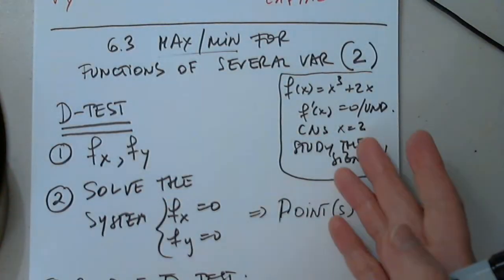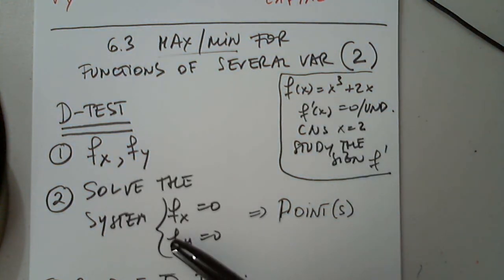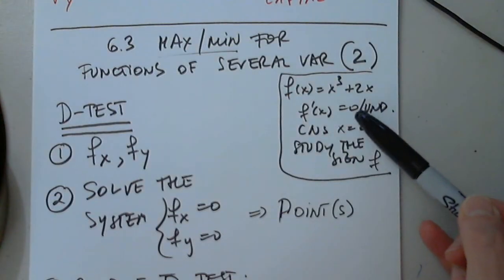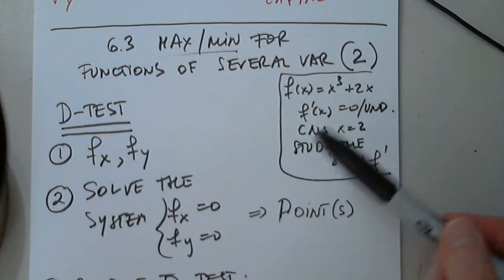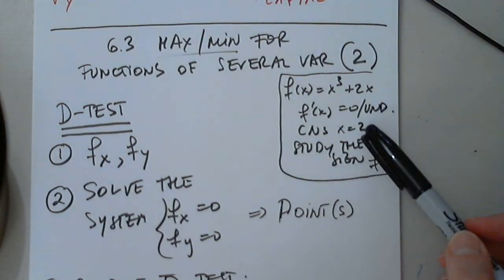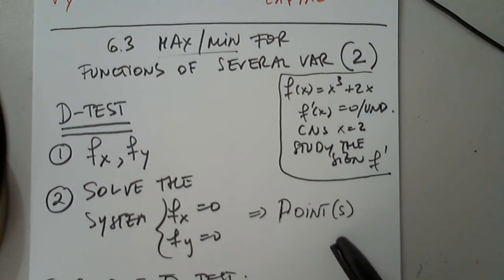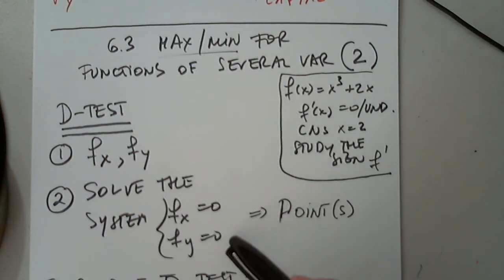So by comparison, I have to find fx, fy. I have to create a system with these two. Again, set them equal to 0 like before, but we have 2. Here we get just one or several x values, but here we get a point or points from solving the system.